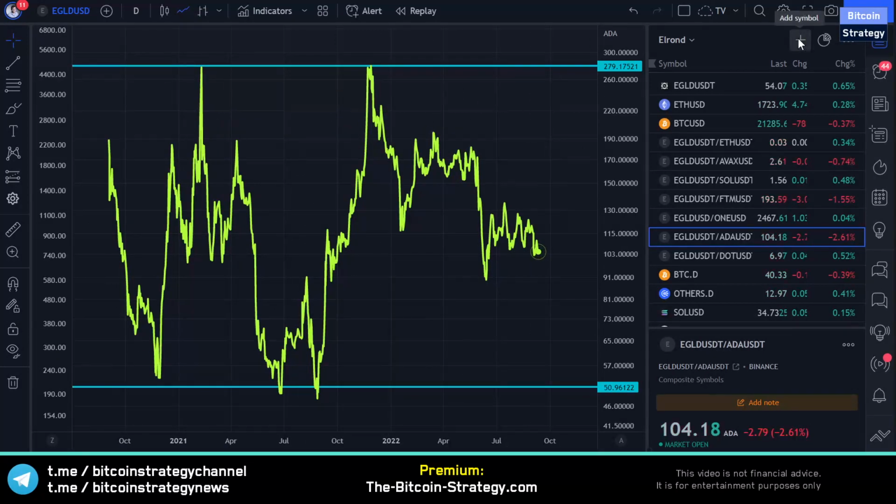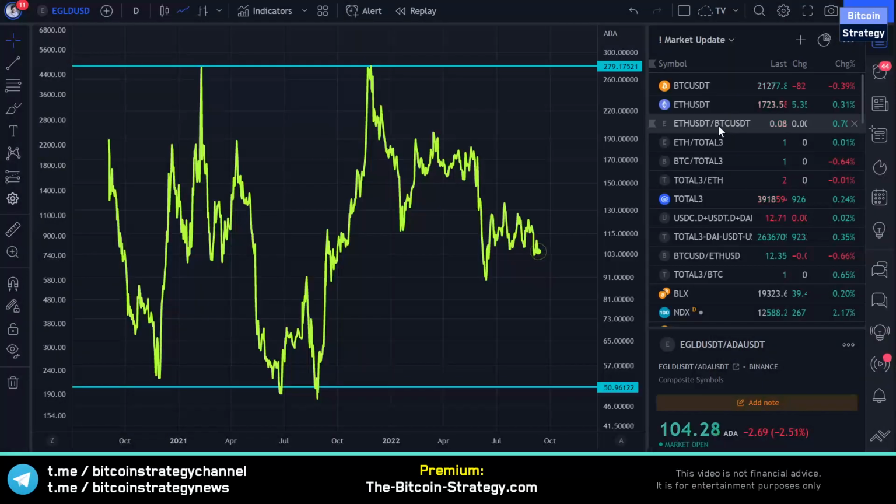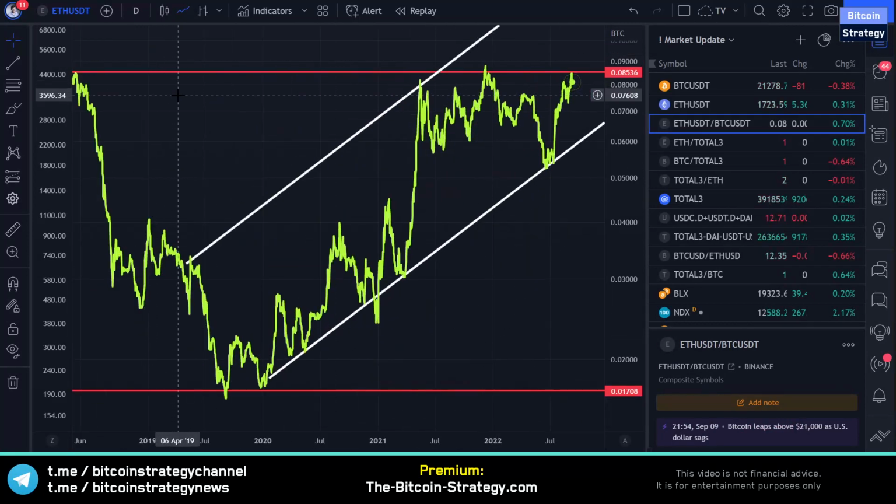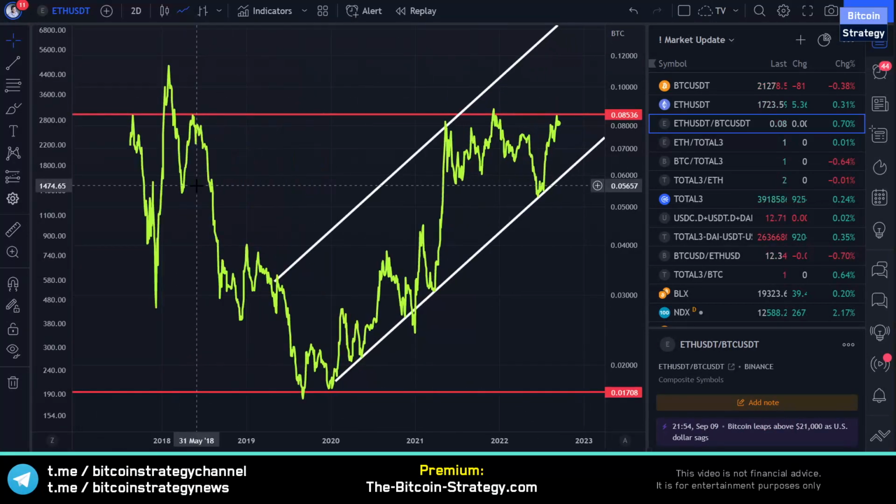By the way, if you're not familiar with this yet, you probably want to have a look at the relative valuation chart of Ethereum to Bitcoin as well. So that's this over here, right? We are currently very expensive historically with Ethereum relative to Bitcoin. Of course, no financial advice, right? But if you're looking for good risk versus reward, historically at least, it looks like Bitcoin tends to be comparatively cheap now.